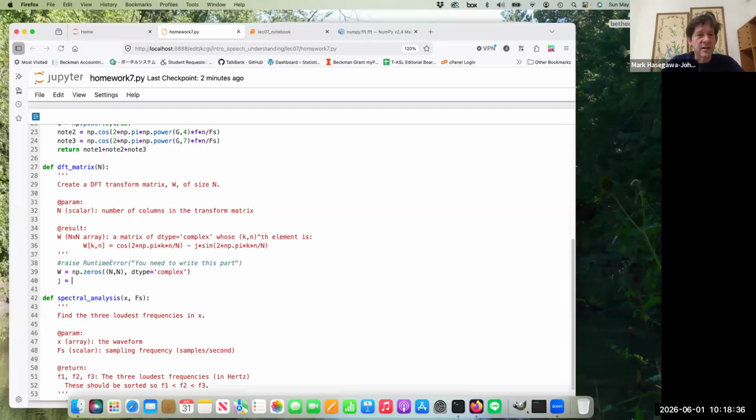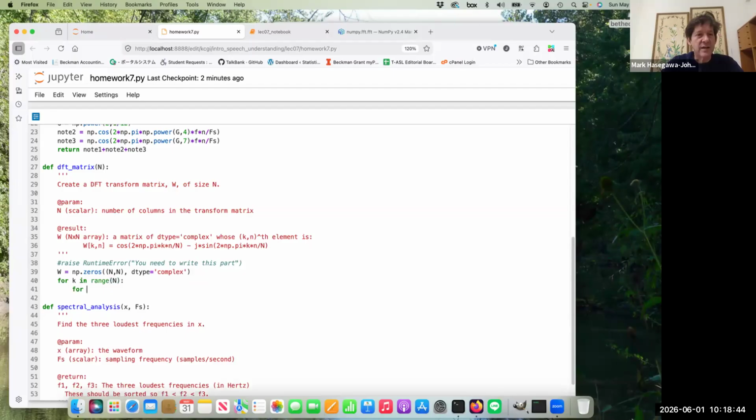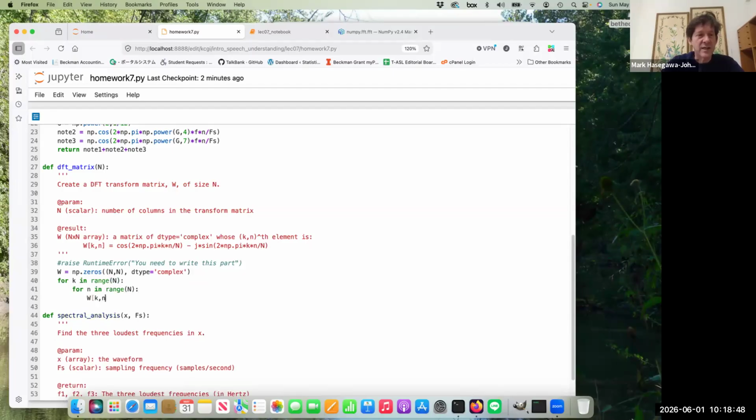And now let's say that, well, 1j, so this should be for K in the range up to capital N, or N in the range up to capital N. We want W of K comma N to be the cosine of 2 times pi times K times little n over capital N minus 1j times the sine.